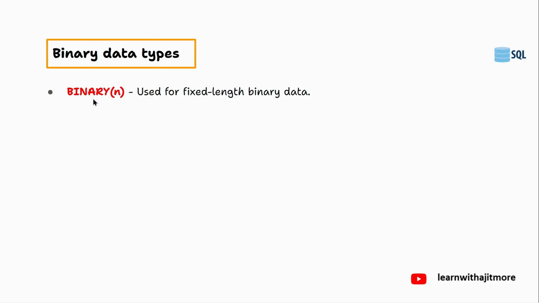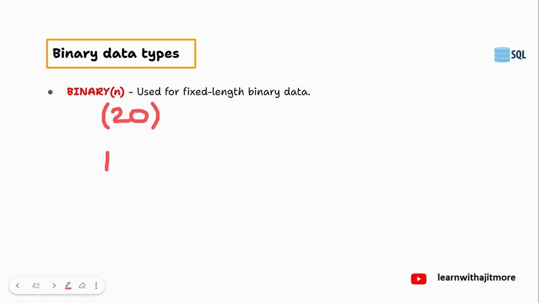Okay. So in this, we have first binary n. Again, here also it is fixed length. Means if you have given binary 20 and your binary data is only 5, the remaining 15 are filled with 0, 0, 0, 0. Understanding? Like if you are giving binary 20, so 20 bytes it will consider.